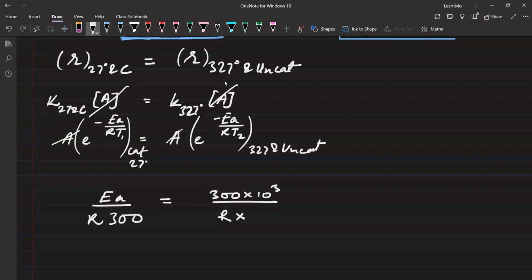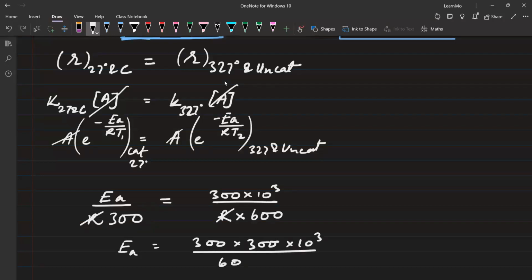T2 is 327, which will be how much? 27 is 300 Kelvin, so 300 more is 600. Make sense till here? Yes or no? Yes, sir. And R will be cancelled. And EA is equal to 300 into 300 into 10 to the power 3 divided by 600.